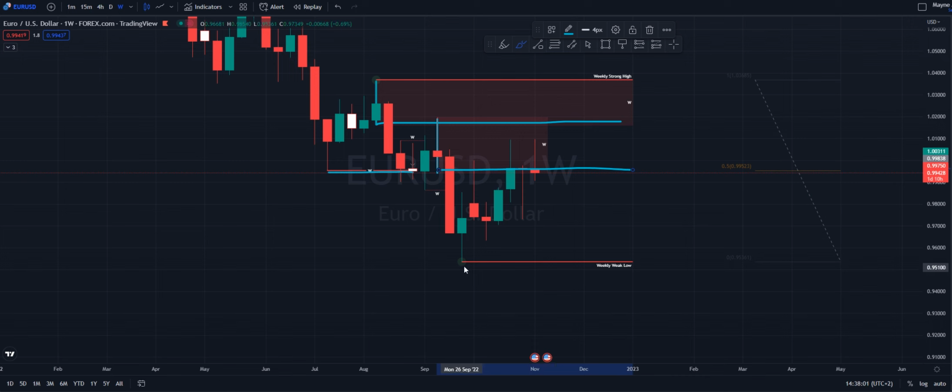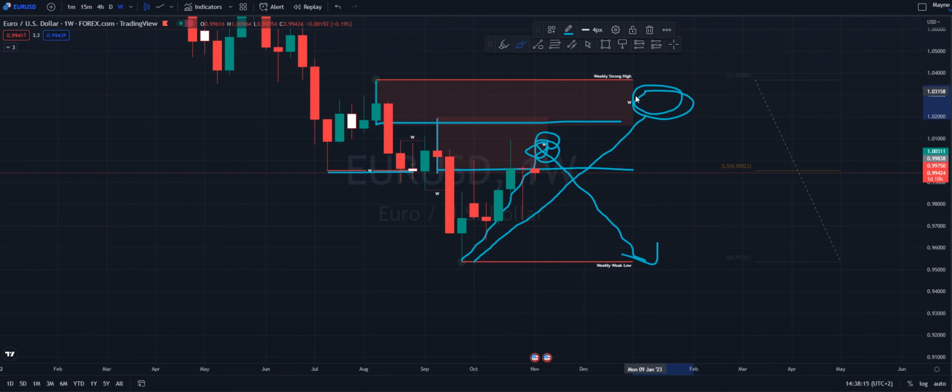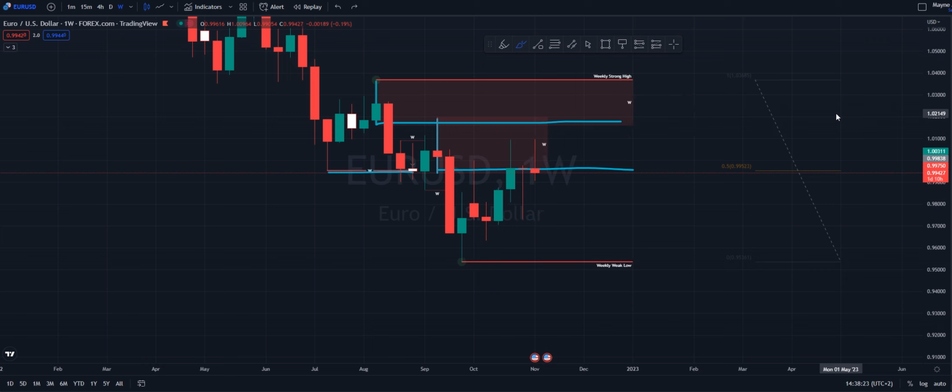What I'm looking to see is for price to pull back into the zones and then grab some orders over here and then move on to break structure to the downside, or if price is looking to make a deeper pullback to move to the origin of this extreme and then grab some orders over here and then go on to make the move that will cause that bearish break of structure to the downside.